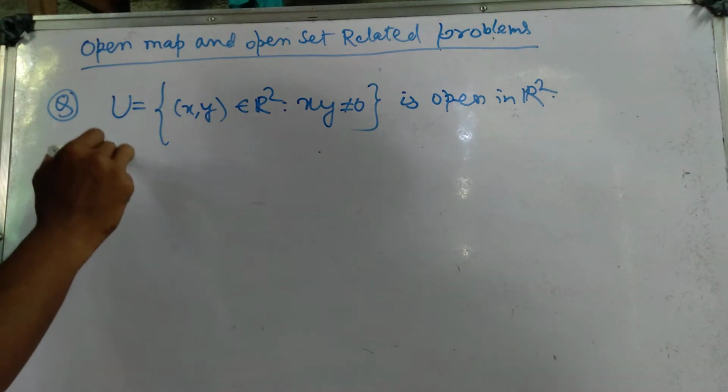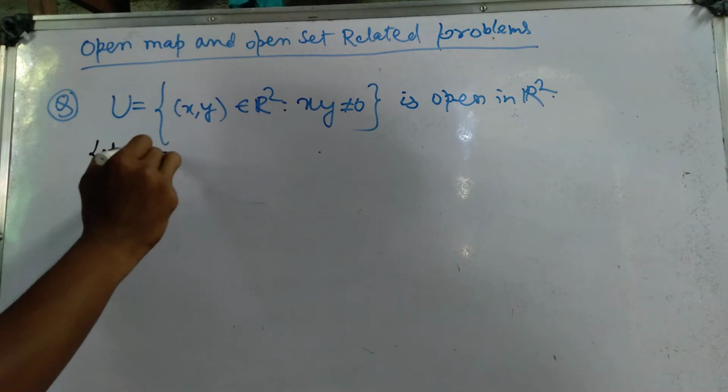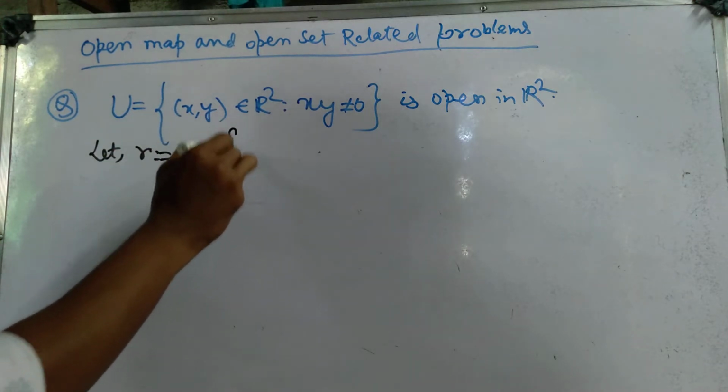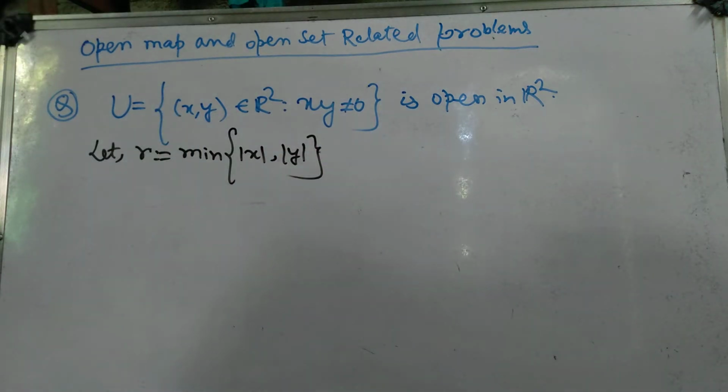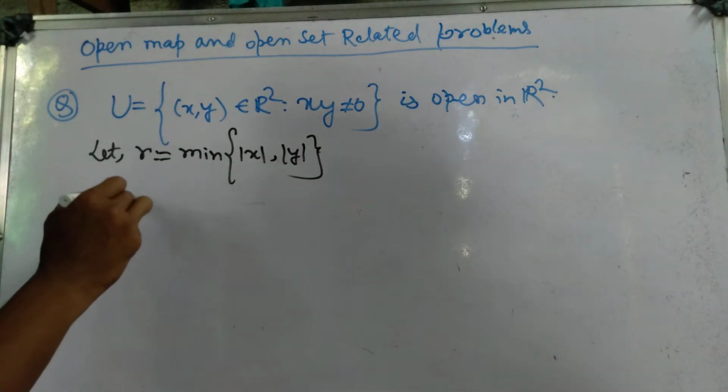Let r equal the minimum of mod x and mod y.